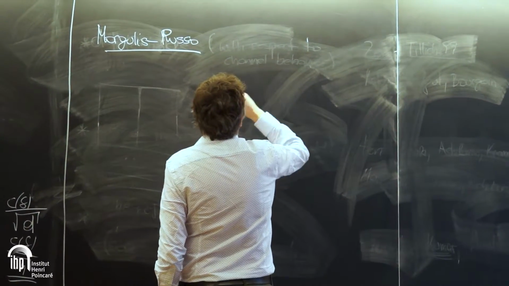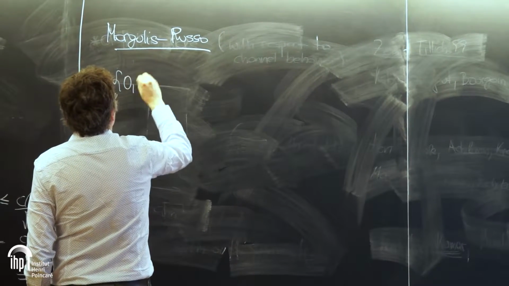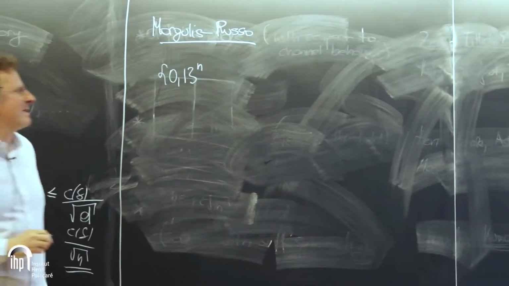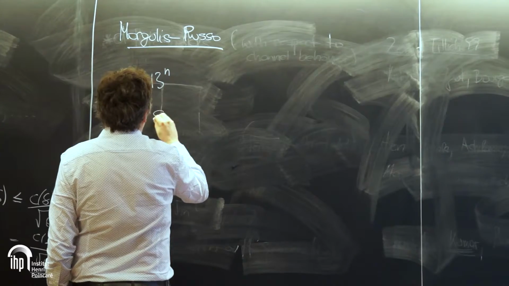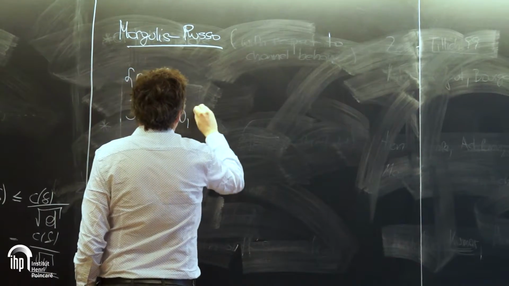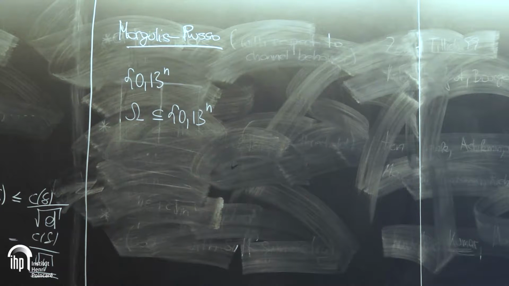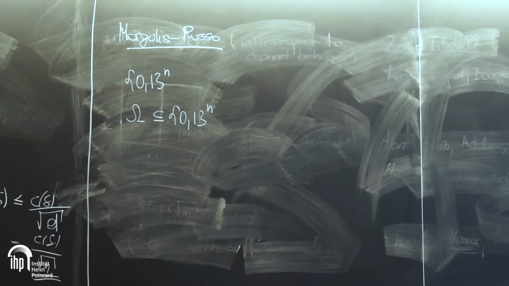We think of the setup as the following. Take the Hamming cube, and take a subset of the Hamming cube. Let's take Omega being some subset. So in our case, what is this Omega? Well, let's think first of the binary erasure channel.